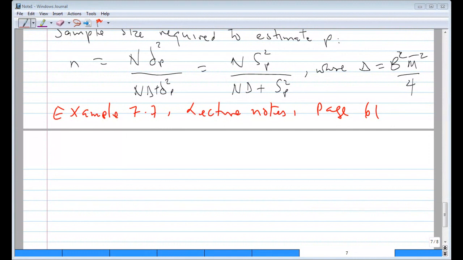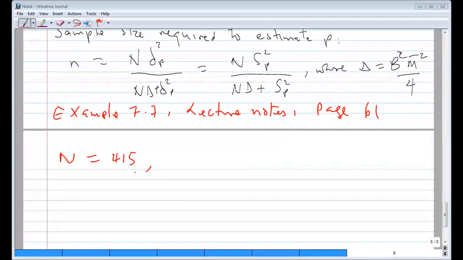It says use the data in table 7.4, where N, the number of clusters in the population, is still the same, 415, to estimate the population proportion of residents who lived in rented housing and place a bound.